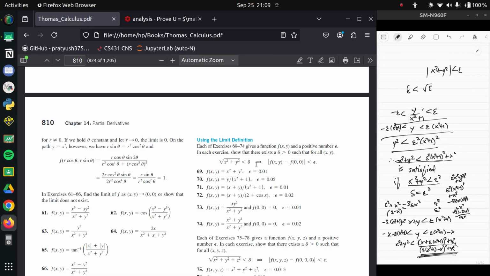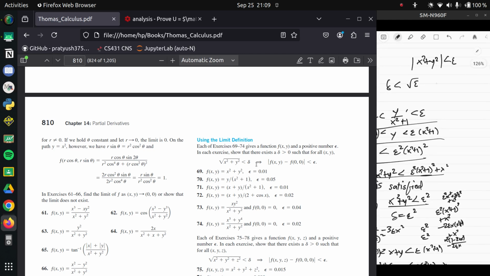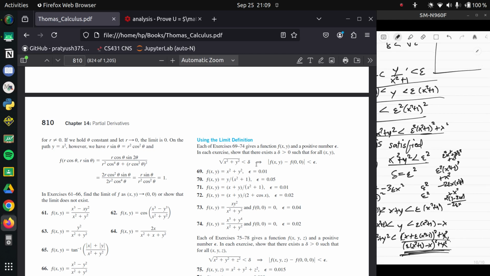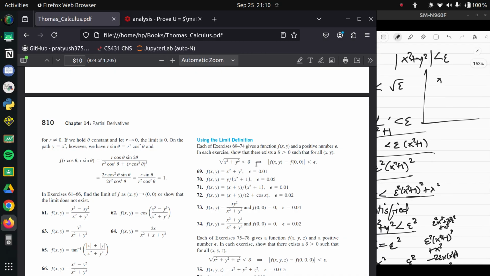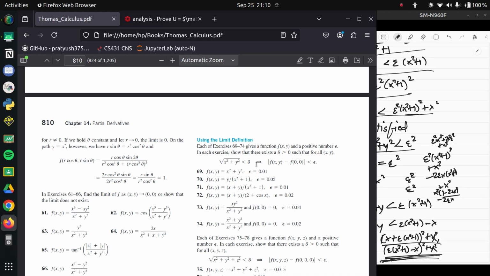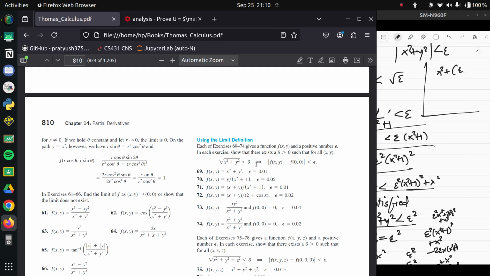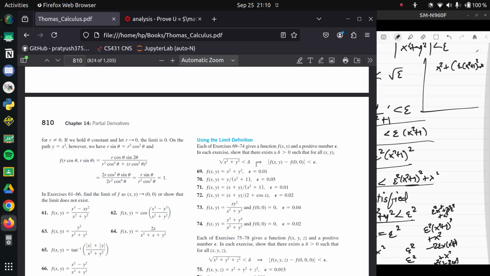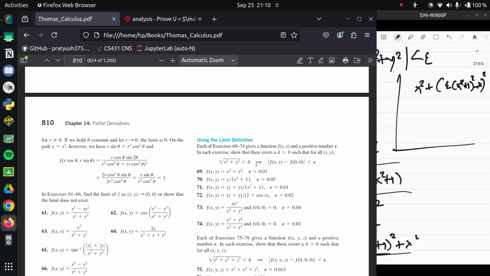I think we want this to happen. There has to be a better way than this bad sort of algebra. So it's just x squared plus something times this thing squared.